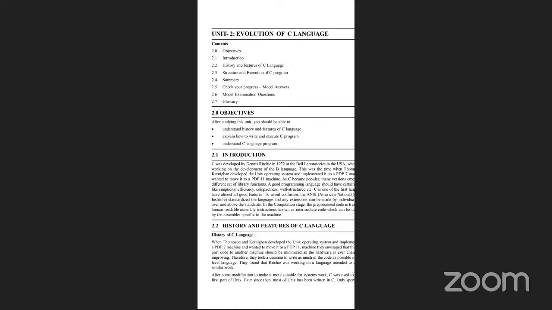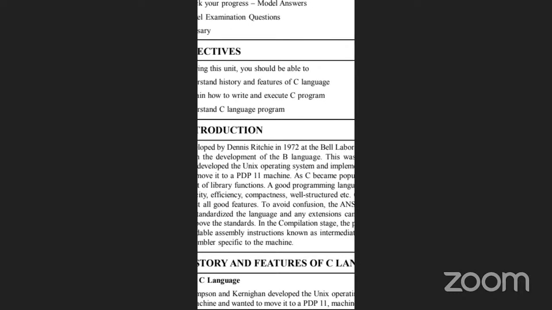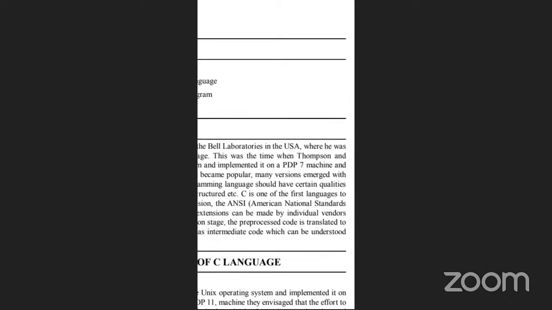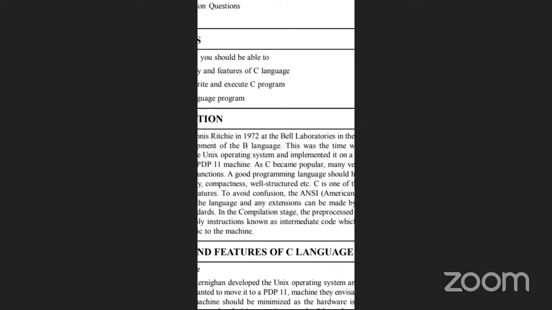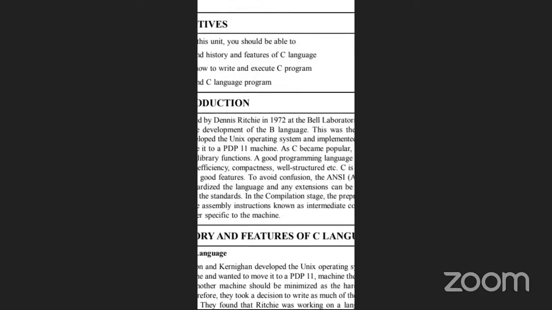Evaluation of C language. C was developed by Dennis Ritchie in 1972 at the Bell Laboratories in the USA, United States of America, where he was working on the development of the B language.